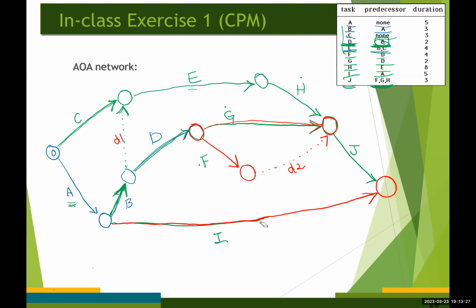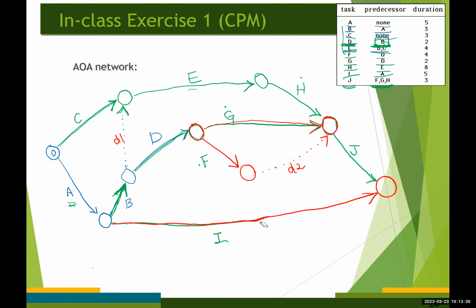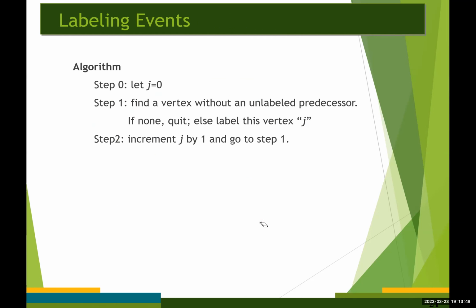Okay, what's next? Now let's label each event in this AOA network so we can finish the AOA network diagram. We are going to use an algorithm for labeling events.